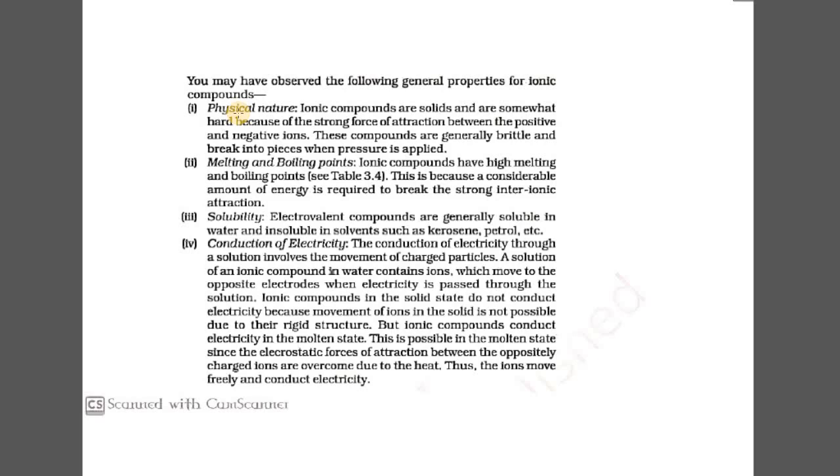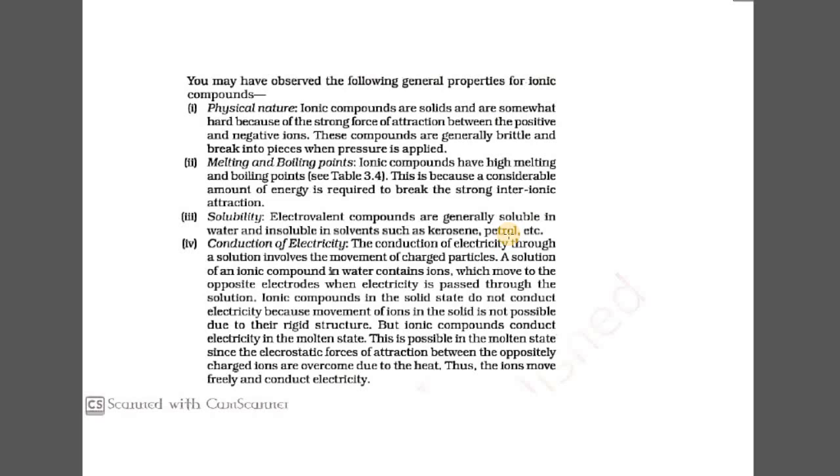When we talk about solubility, these electrovalent compounds, electrovalent meaning ionic compounds, are generally soluble in water and insoluble in solvents such as kerosene and petrol, because here they are not able to get ionized, and that's why they are not able to get solubilized.